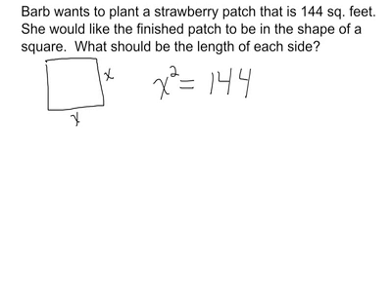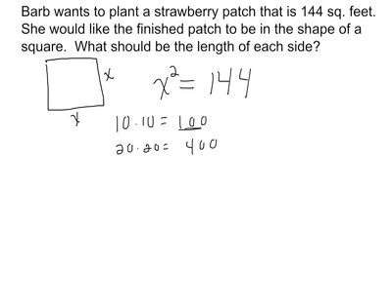So in this case, we're looking for a number that you can take times itself to get 144. Now, if you're just making guesses right now, you could do that. We know that 10 times 10 is 100. That's too small. 20 times 20 would be 400, and that's way too big.